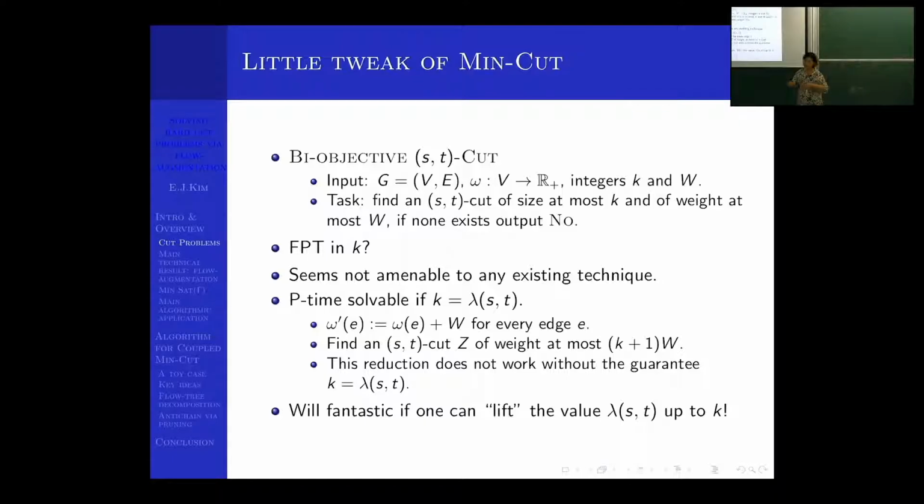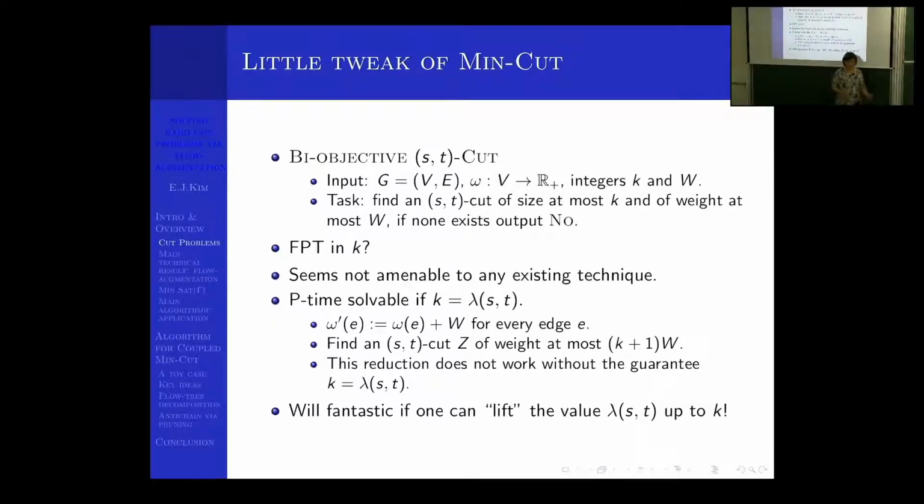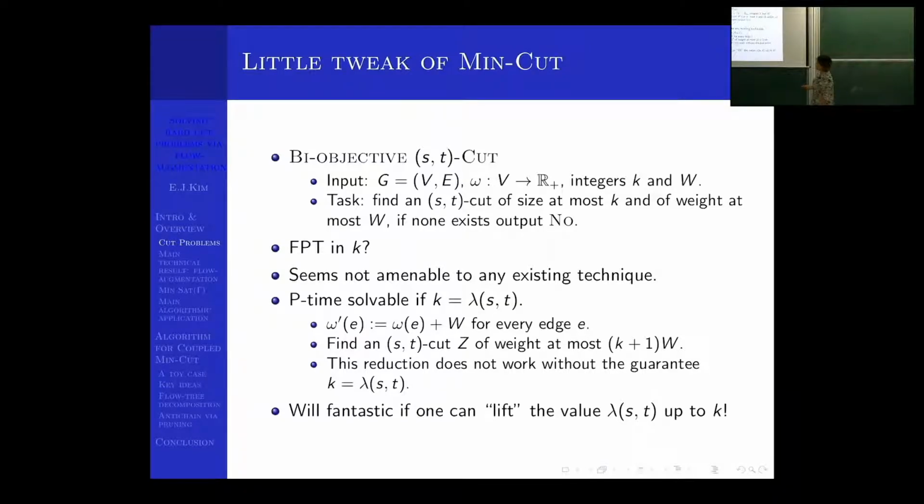If you can lift up the size of the min cut so that this condition is somehow satisfied, then you can apply this efficient algorithm and solve the problem. That's the idea. But of course, the min weighted cut z is hidden, so you cannot just blindly add edges to lift the size of the min cut.